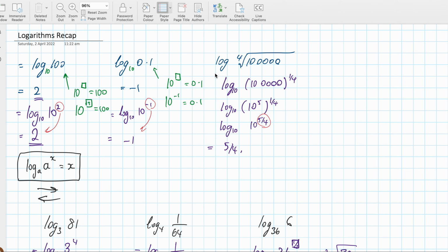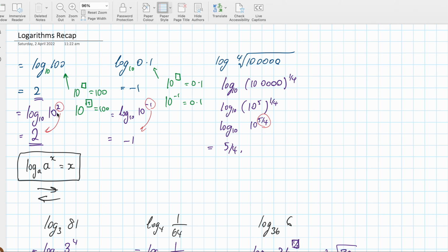Now, before we move on to this monstrosity over here, I want to think about another way of doing this, which is a more advanced way that may seem a little bulky, not that intuitive at the start, but we can use it for more challenging problems like this. Instead of going 10 to the power of something makes 100, we can express this 100 as base 10.